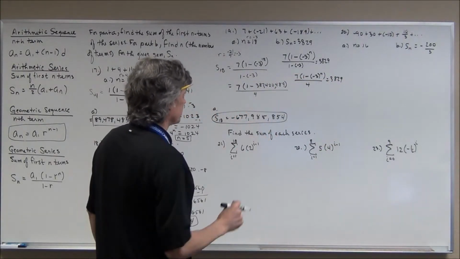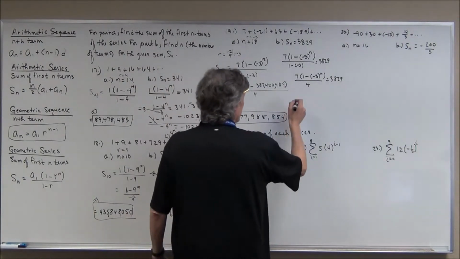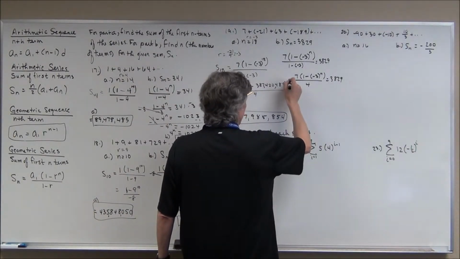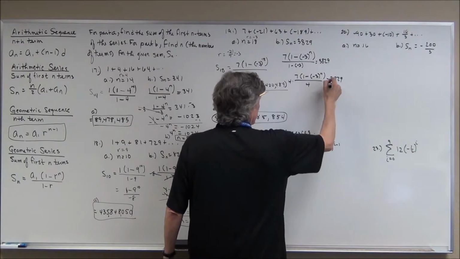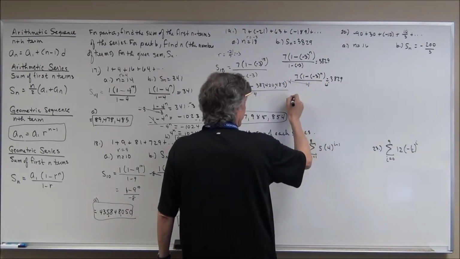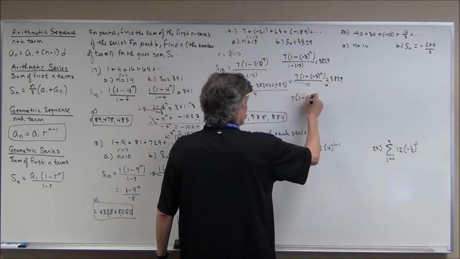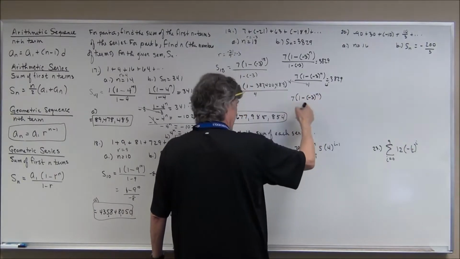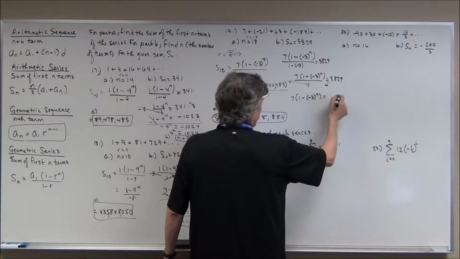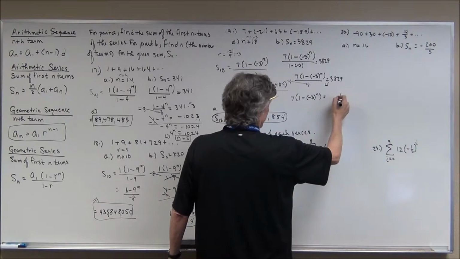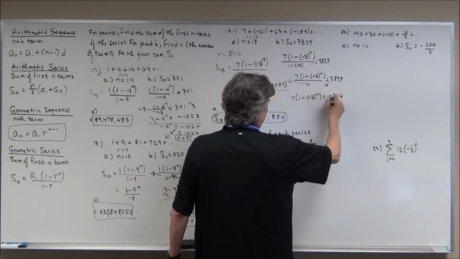So I'm going to multiply both sides by 4, and these cancel, and I get 7 times the quantity 1 minus negative 3 to the n. Be very careful here. And then over on this one, this is going to be a 6, carry a 3, it's a 1, carry a 1, it's a 3, carry a 3, it's a 15.